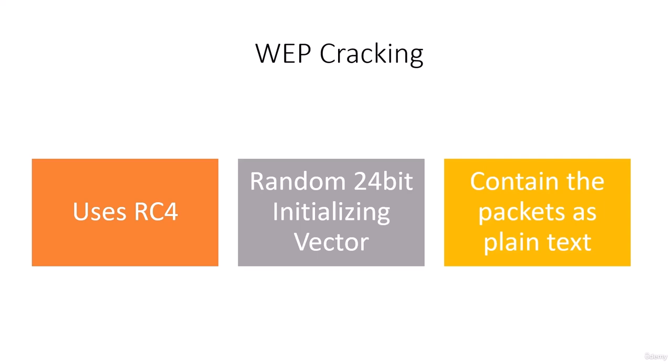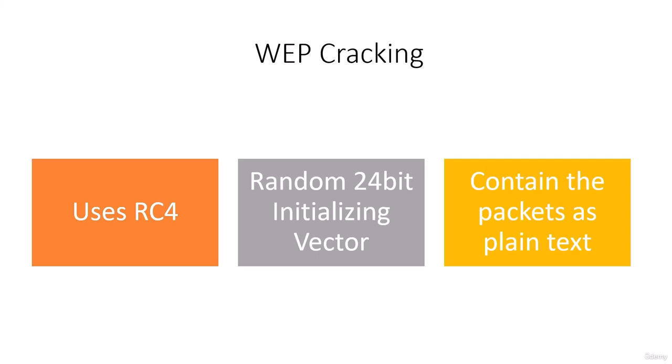In a busy network, we will have a very large number of packets, so the possibilities of unique IVs will be exhausted, and then we will be able to sniff all those packets and collect the ones that have the same initializing vector.